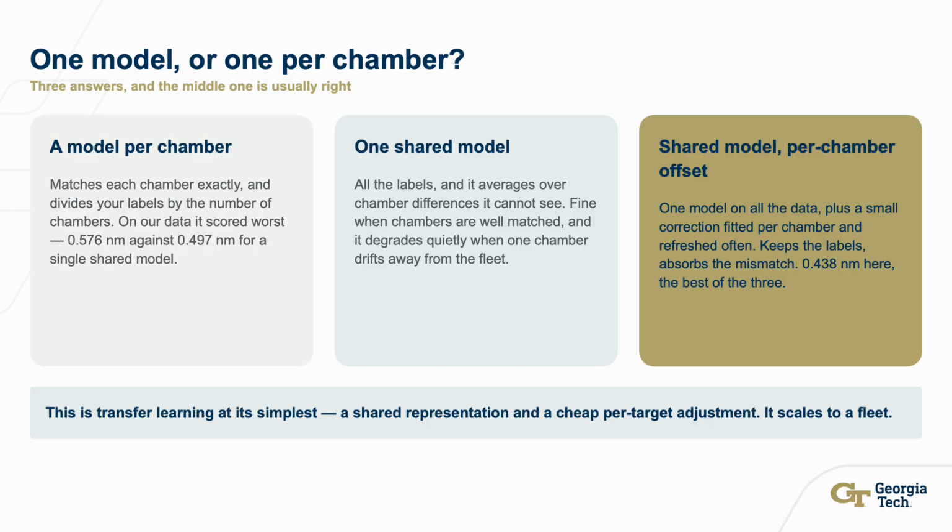That is transfer learning in its simplest form. The same pattern appears as fine-tuning, hierarchical models, and as multitask learning with a shared trunk, and it is the pattern that scales to a fleet because adding a chamber costs one offset rather than one model. Share what generalizes and adapt what does not.